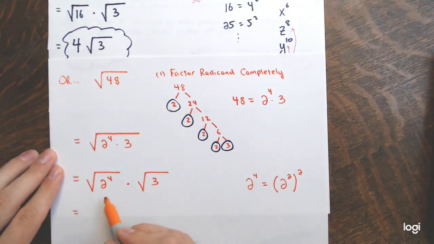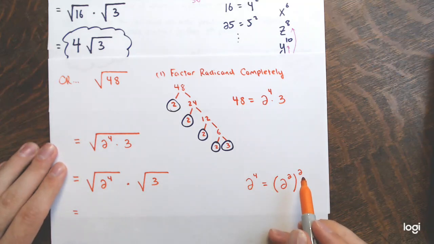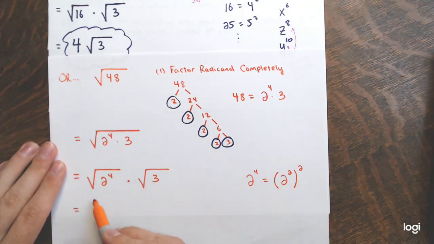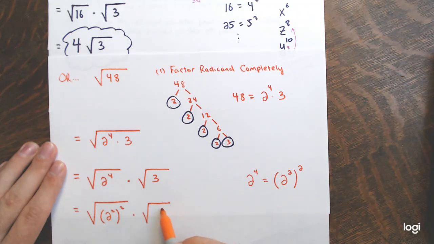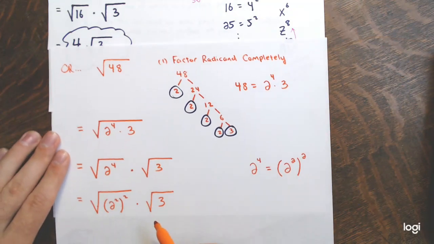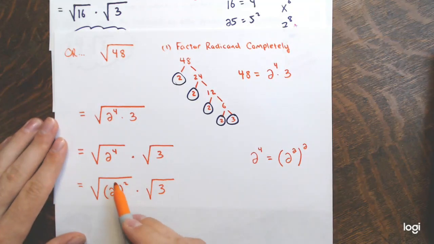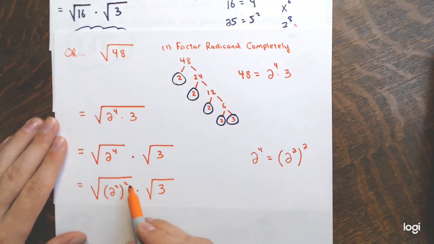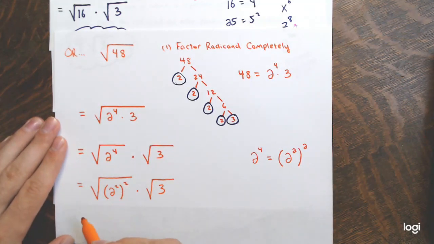So if I want to write it as an actual square, the square root of 2 to the 4th would be the square root of 2 squared, squared, times the square root of the non-perfect square, the square root of 3. And then this is my square root of something squared. So technically this would be the absolute value.